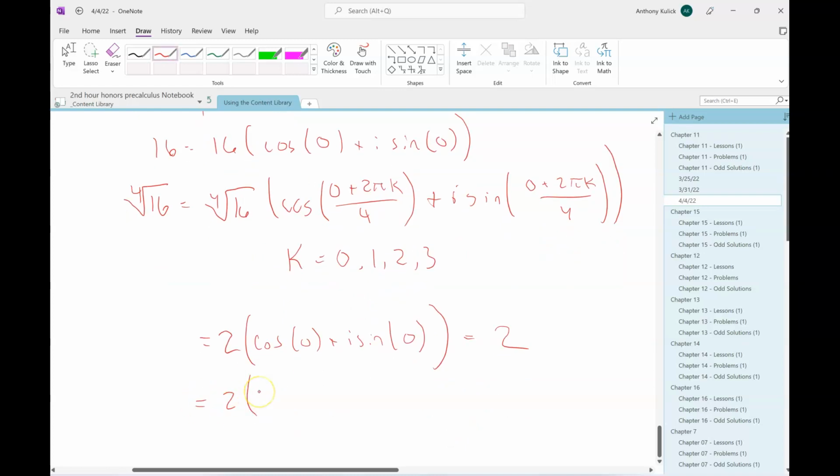When k is equal to 1, I'm going to have cosine of 2 pi over 4, or just pi over 2, plus I sine pi over 2. Well, cosine there is 0, but sine is 1, so I'm going to have 2i.